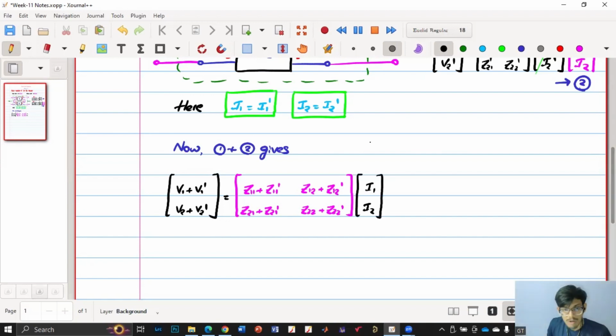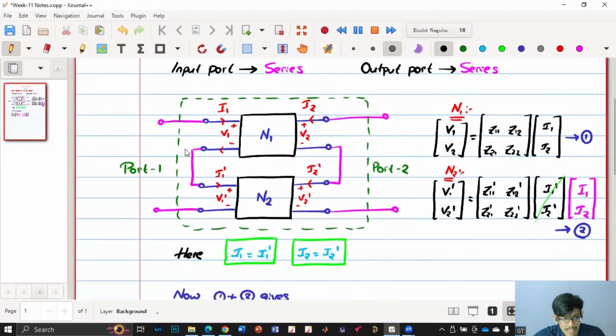Okay, fine. So now if you see, this V1 plus V1 dash is nothing but the voltage at this port. So I can say this plus minus and the voltage is V1 plus V1 dash. Similarly, the voltage here is plus minus V2 plus V2 dash. If you see, the current entering port 1 is I1 and current entering port 2 is I2.